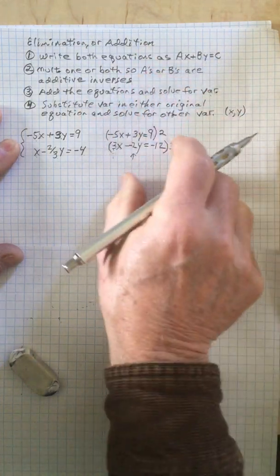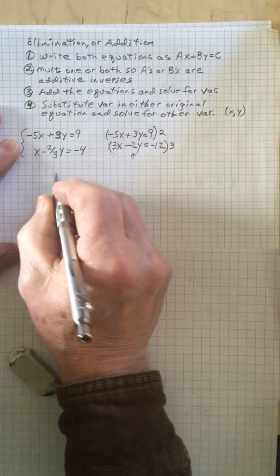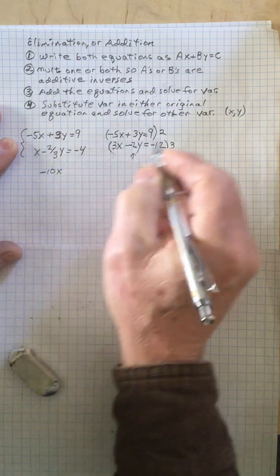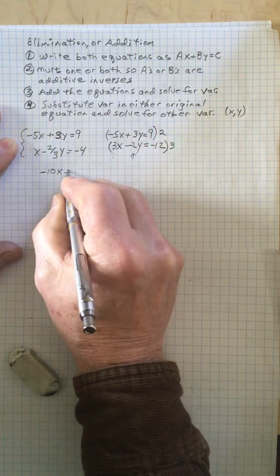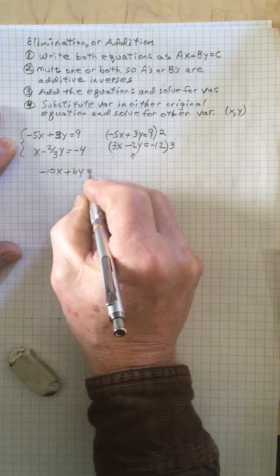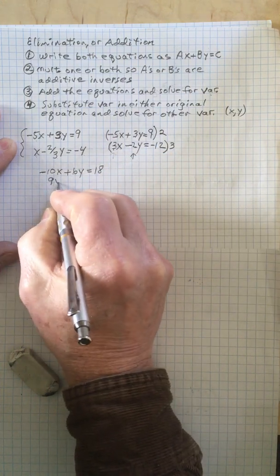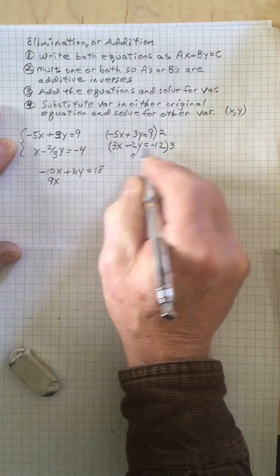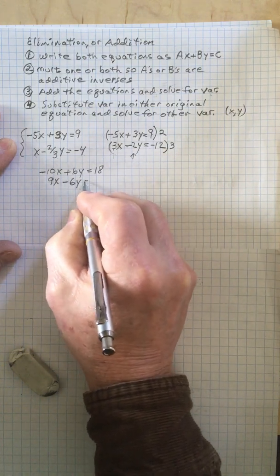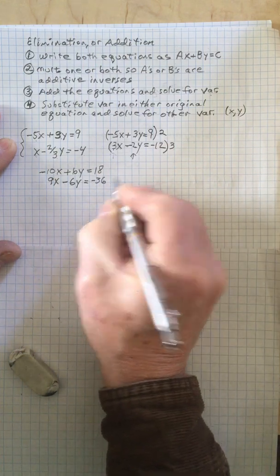So let's do that. So minus 5 times 2, minus 10x, 2 times 3 plus 6y, 2 times 9 is 18. 3 times 3, 9x, 2 times 3, and it's a negative, so that's minus 6y, equals minus 12 times 3, minus 36.